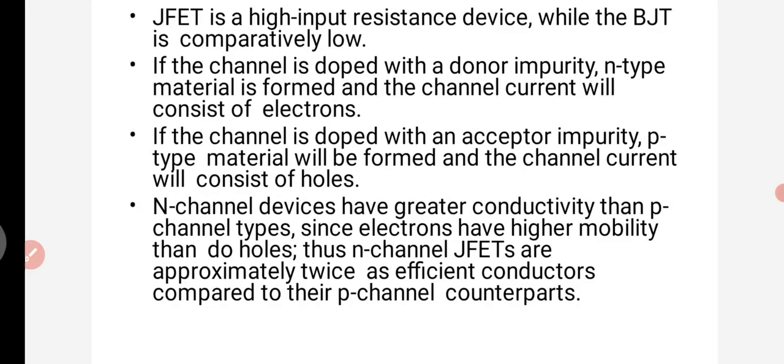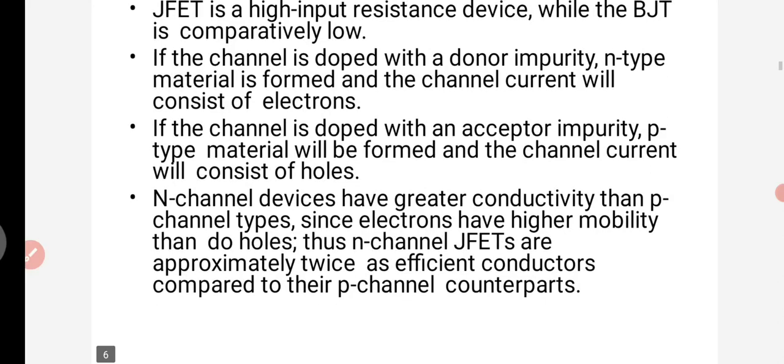When comparing n-channel and p-channel, the conductivity of the n-channel devices will be greater, because the majority carriers are electrons. These electrons have higher mobility, due to which they give greater conductivity. So that's why they are approximately twice as efficient conductors compared to their p-channel counterparts.